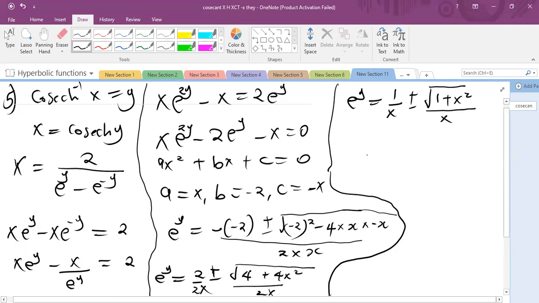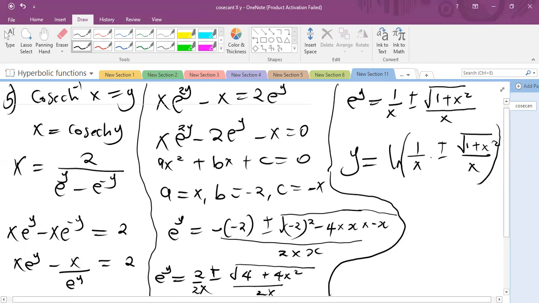So introducing ln to both sides, we will have ln e^y, which will just translate to y, is equal to ln of 1 over x plus or minus the square root of 1 plus x squared, all this divided by x. And this is the log form of the inverse hyperbolic cosec, or cosec hyperbolic inverse of x.